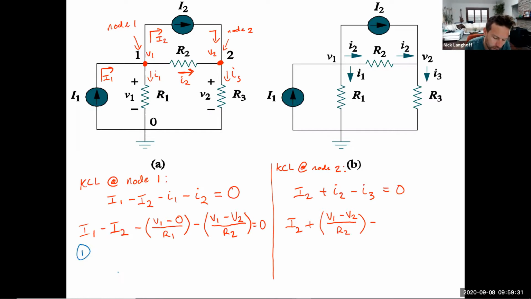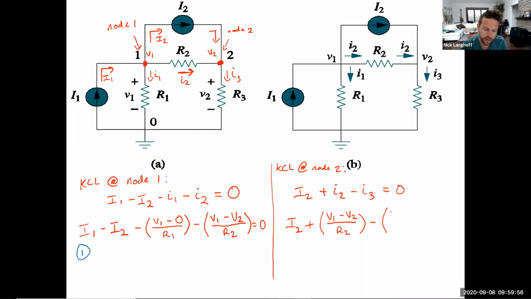The plus and minus signs were determined by whether the current was entering or leaving the node. Make sure you leave those on the outside of the parentheses for now. We'll talk about other ways to do it as we go through, but that helps us keep track of the sign.